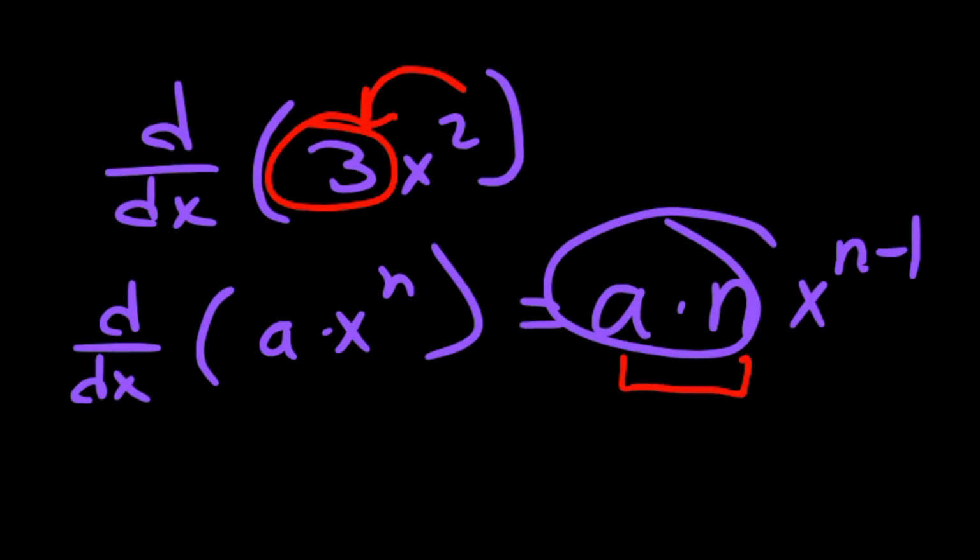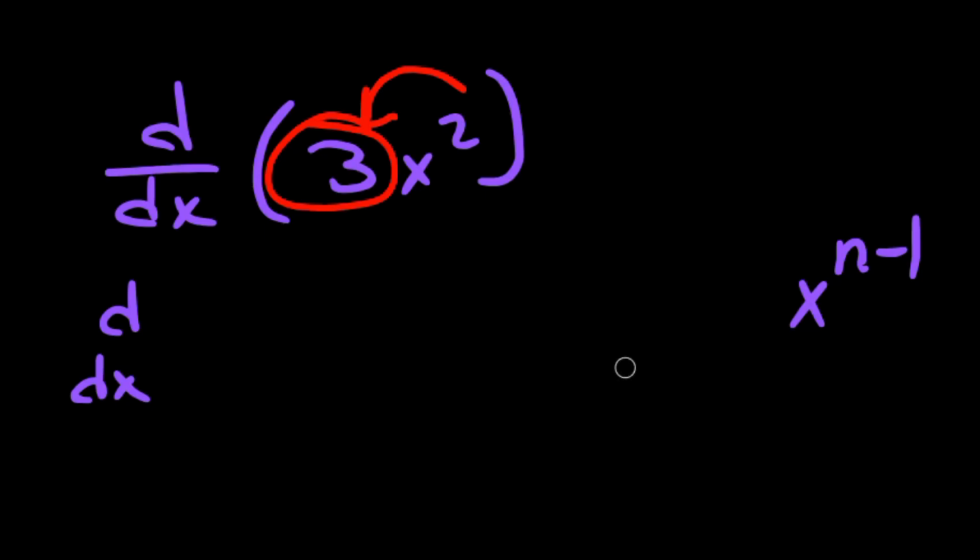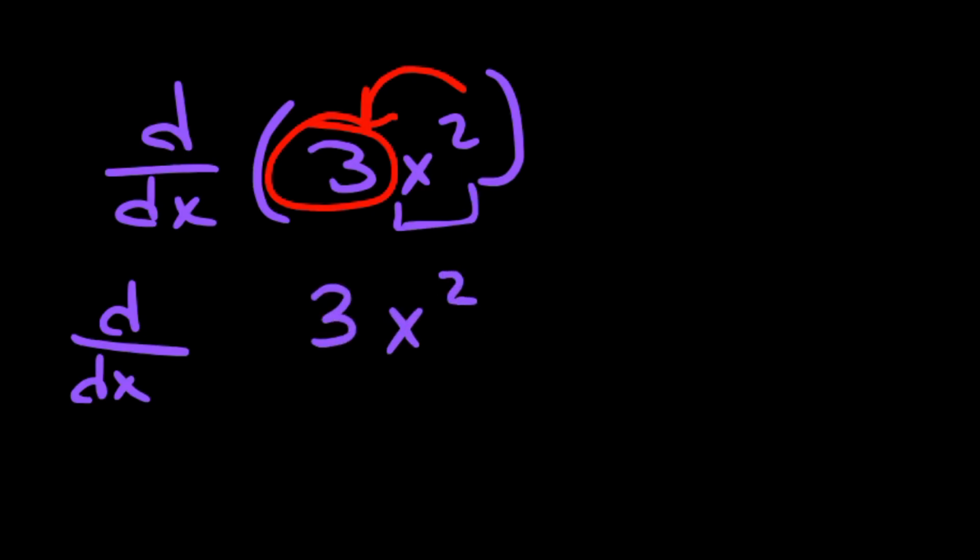So in our example here, what I'm going to do is hop the 2 down. So let's say I have 3x squared. I hop the 2 down and I leave minus 1. Now here's the thing.